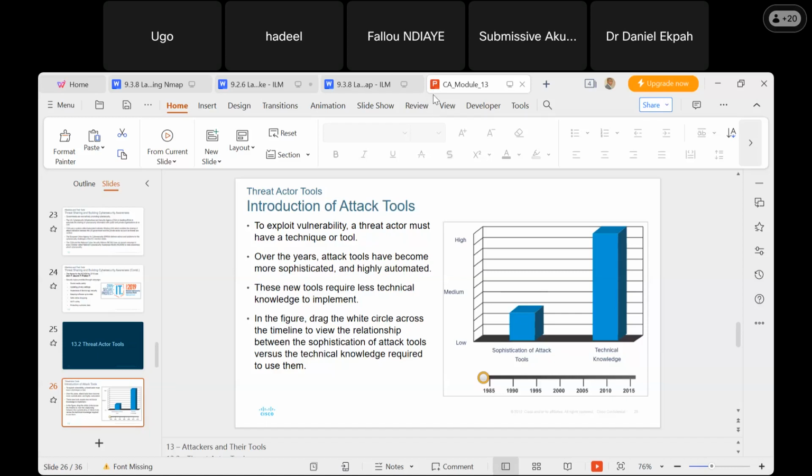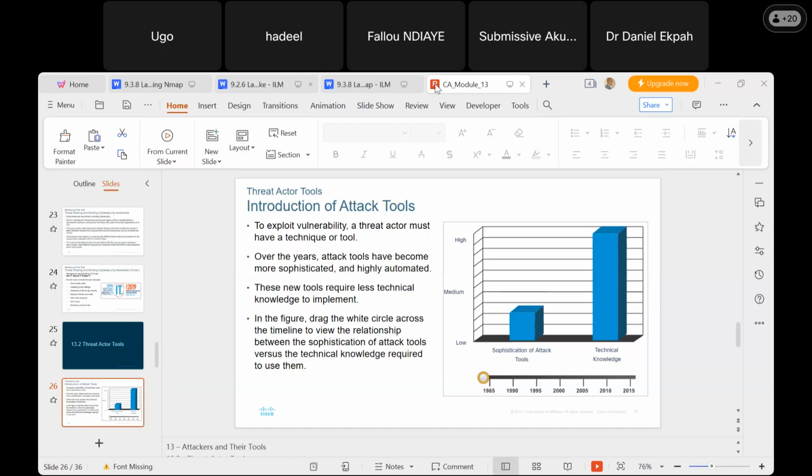Doctor, like every other discovery technology that has been made available to humanity, there is the good and there is the bad. For example, most of what we call today next generation firewalls or next generation intrusion prevention systems, artificial intelligence and machine learning are actually the backbone driving them.